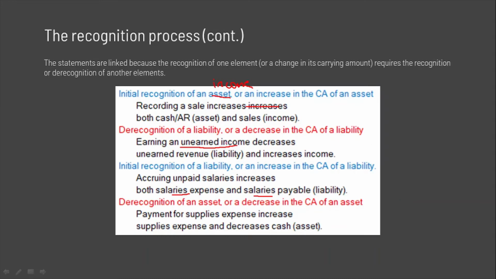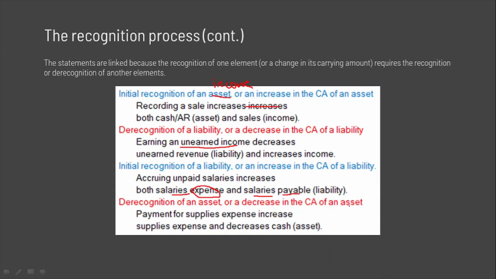So when we recognize unpaid salaries, we debit salaries expense and have a corresponding credit entry of salaries payable, which is in the form of a liability. So at this point, we have the recognition of an expense and the recognition of a payable or liability.